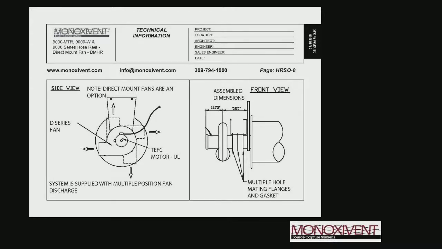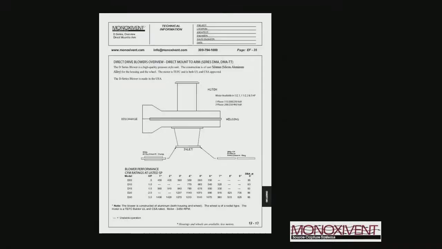We'll put a flange on the inlet of the fan and a corresponding flange on the discharge of the hose reel, and it's a simple bolt-up operation. And finally, we can do this same fan with a special bracket to mount it directly to an arm. And that could be not only for the internally supported arms, we can mount them on the tube type arms as well.